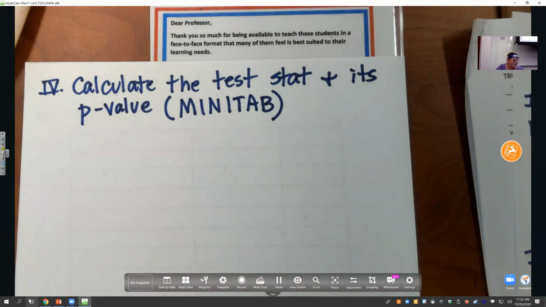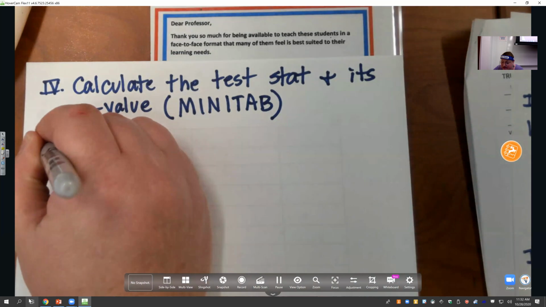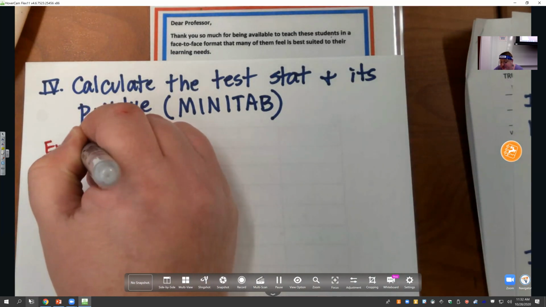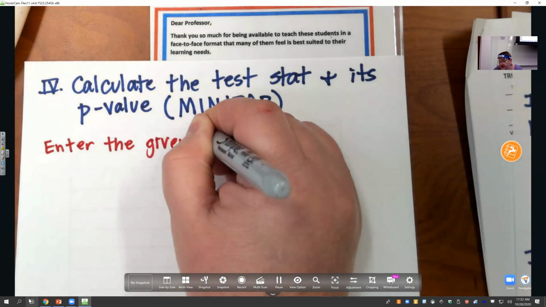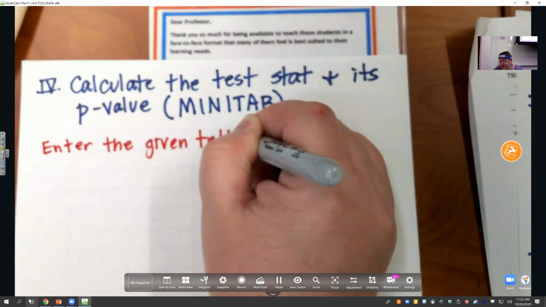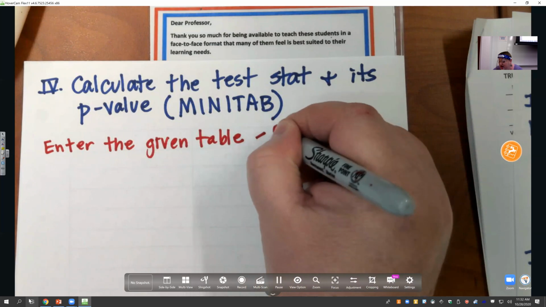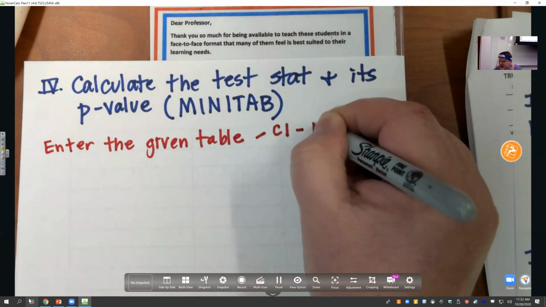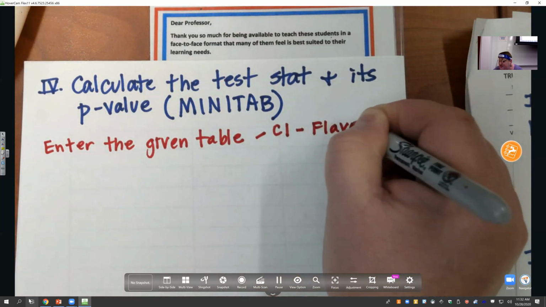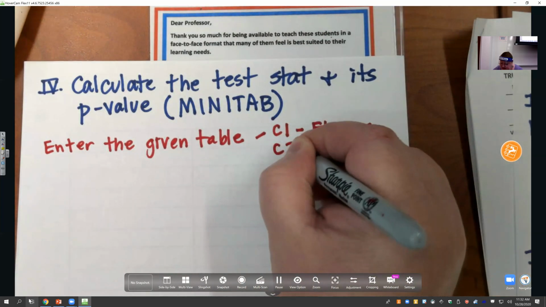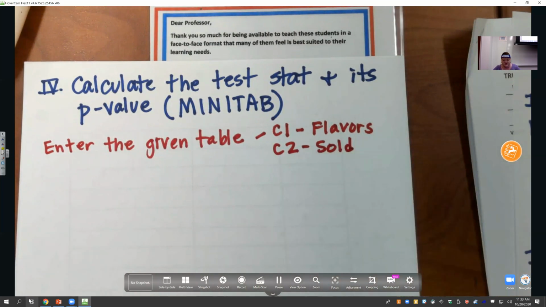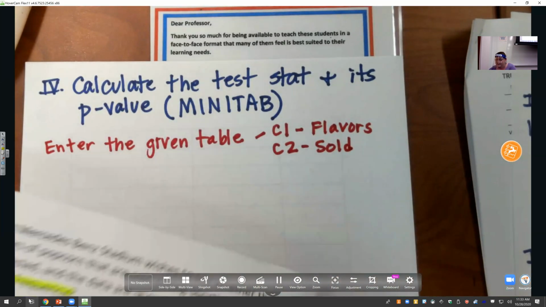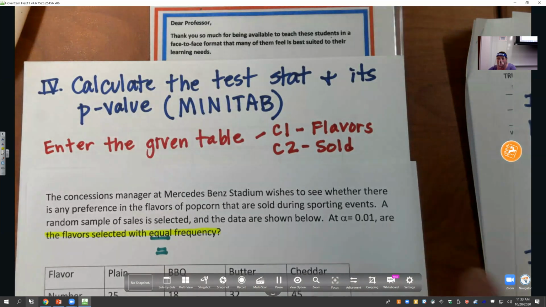Okay, the first thing that I have to do in Minitab is enter the given table. So for example, in column 1, I'm going to put the flavors. In column 2, I'm going to put how many were sold. Okay, you have to enter this table of information.